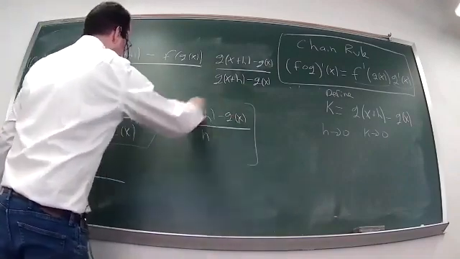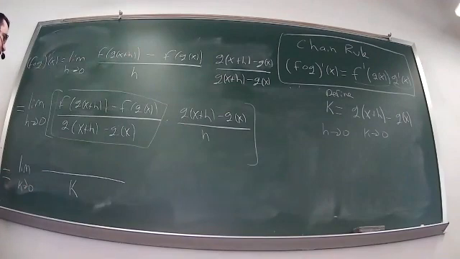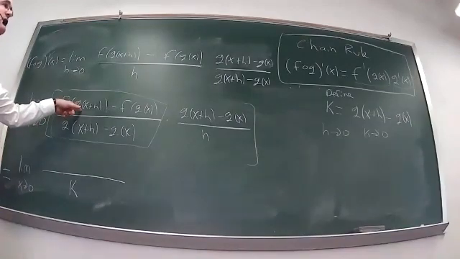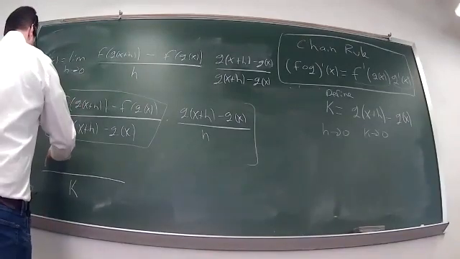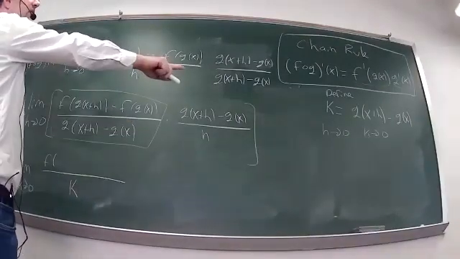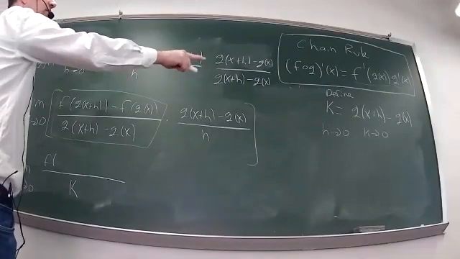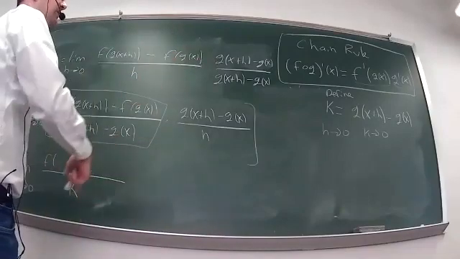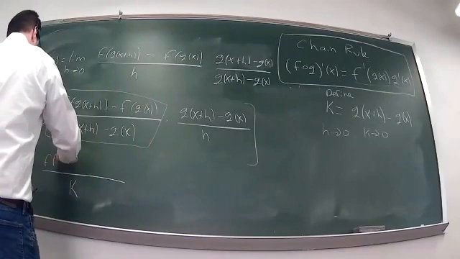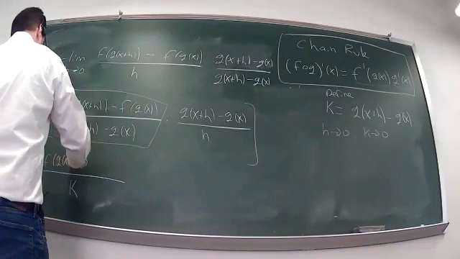And this limit was g prime of x, and this limit I'm rewriting in terms of k. And so what's the numerator? Well, g of x plus h, by definition there, is k plus g of x, bringing that g of x to the other side. In other words, it's g of x plus k.